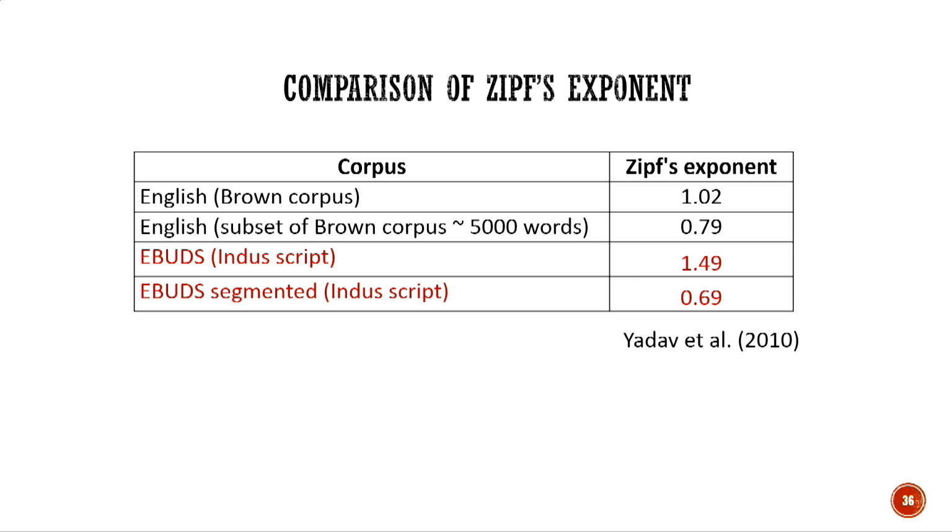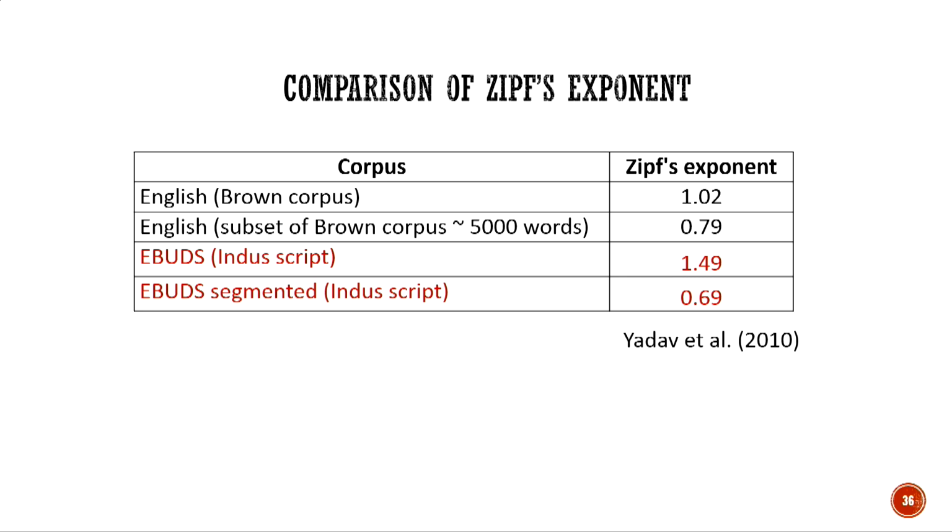If we just consider the tokens as signs, then this is what we get as a Zipf's exponent. For the English Brown corpus, you can see it is almost 1. If you reduce the size of the corpus, this was just something I wanted to check, if we just reduce the number of words, it falls a bit.